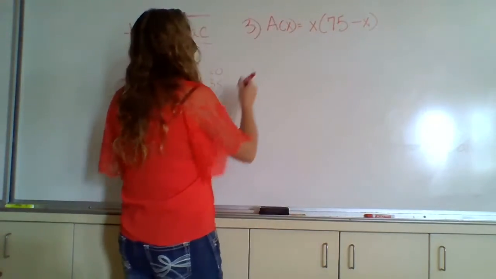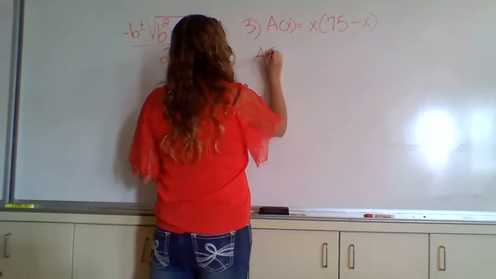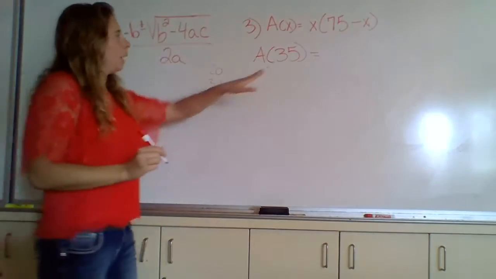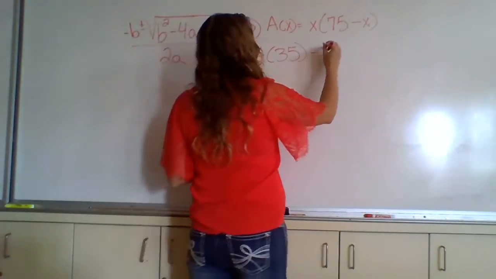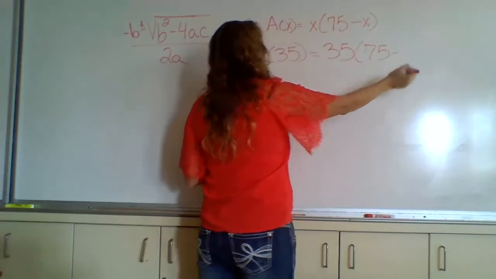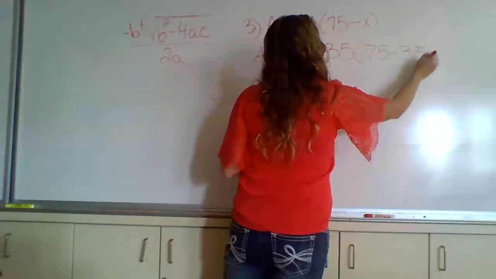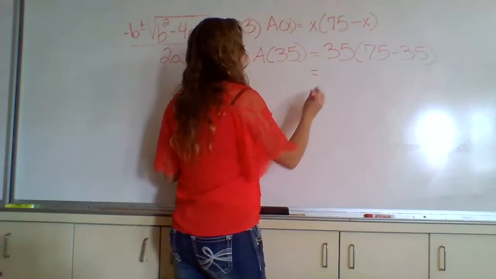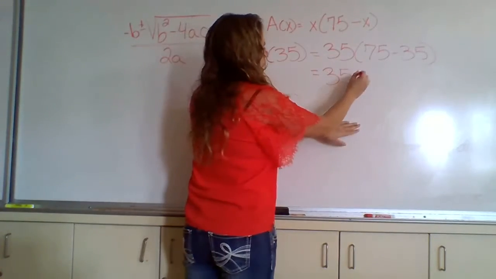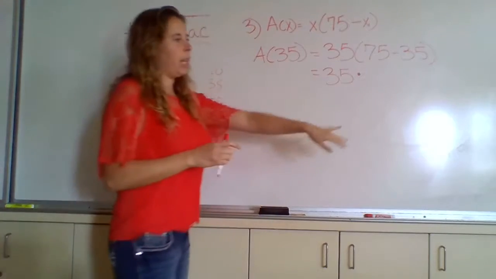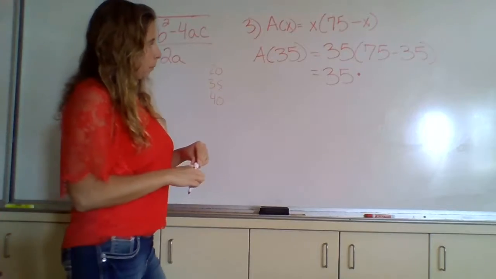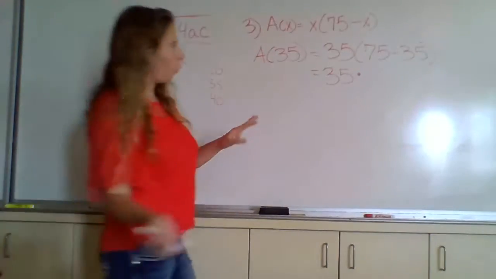The next one is 35. So now you're substituting in 35 for x. And then substitute it in again. And you get 35 times 75 minus 35, which is 40.